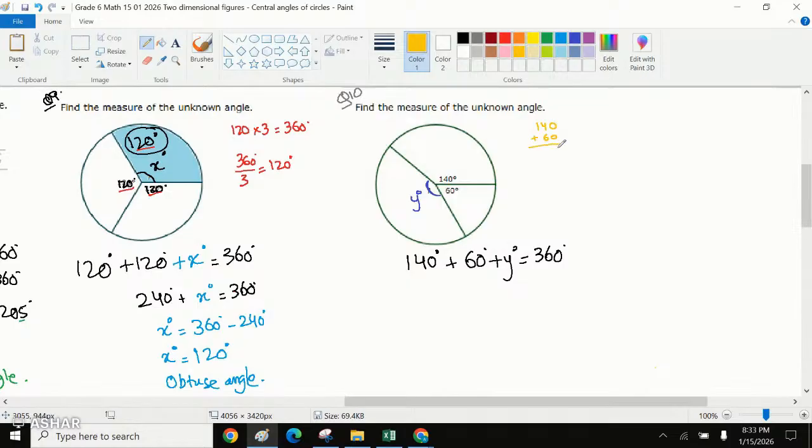Same way, 140 plus 60 would be 200. Agreed? Yes, thank you so much. The angle y comes out to be 160, and 160 is an obtuse angle.